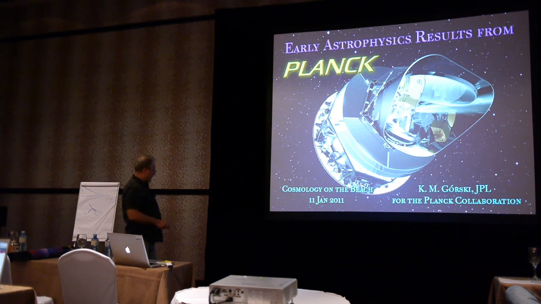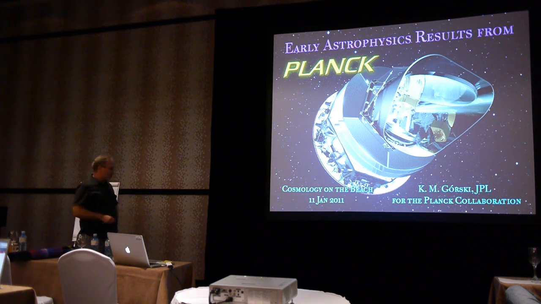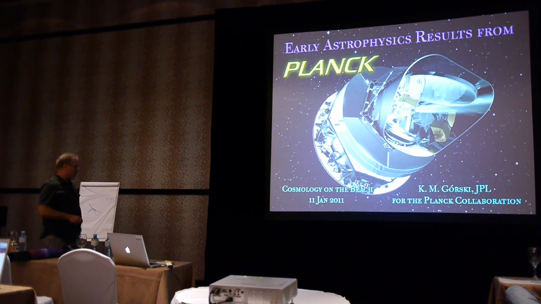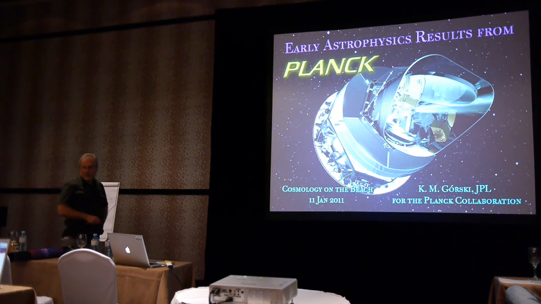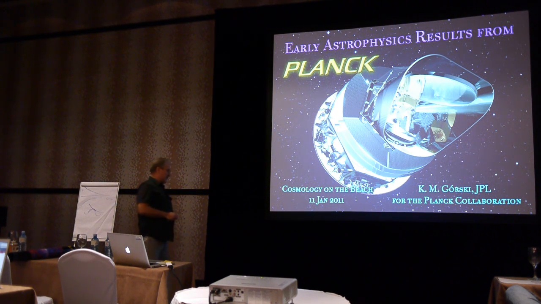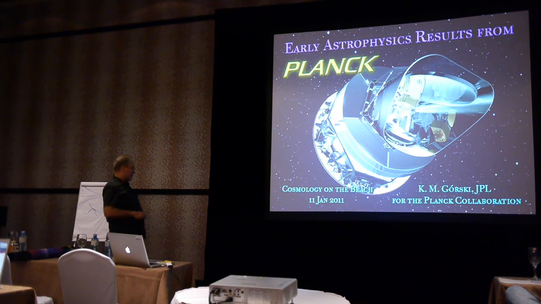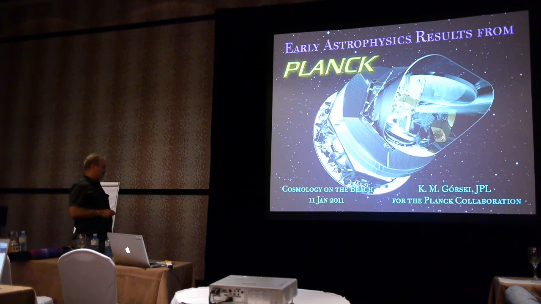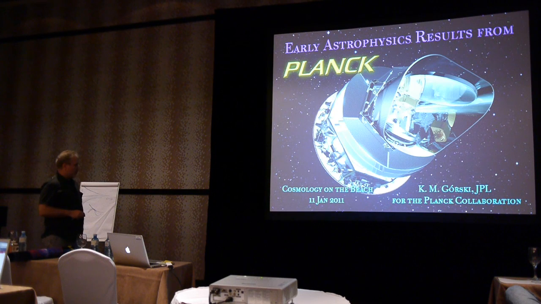What you don't see housed inside the satellite are the first stage coolers that bring the temperature down to around 20 kelvins, the so-called sorption coolers that operate without the moving parts and start a chain of 3 stages of active cooling that go through Joule-Thomson cooling, taking down temperature of the system to 4 kelvins, and then going through dilution, helium-3, helium-4 cooler, which provides the 100 millikelvin temperature for bolometers.